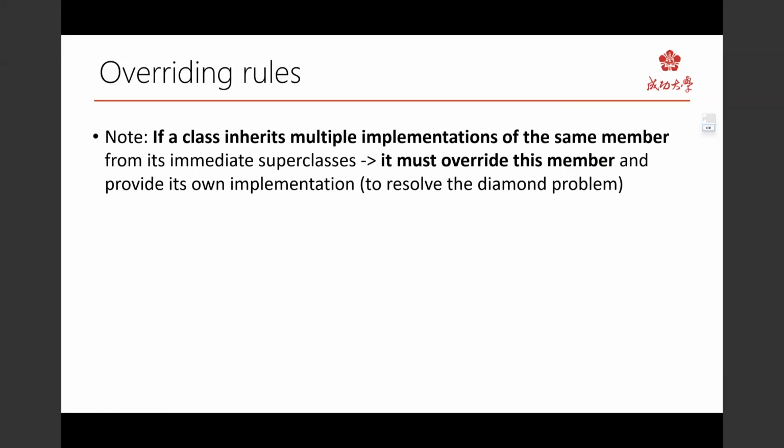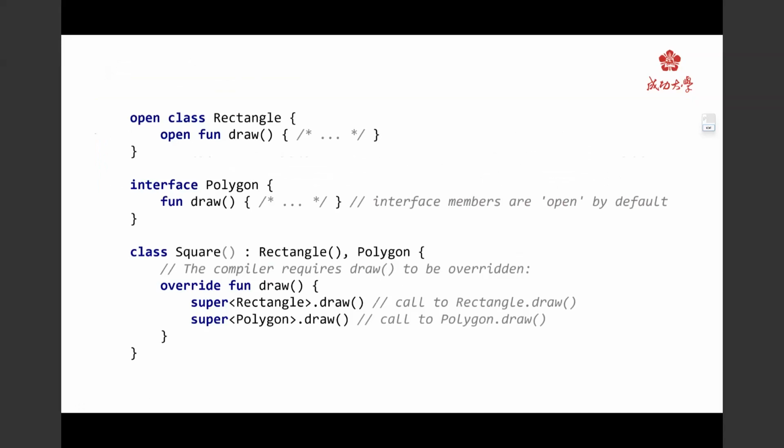A class can only inherit from a single parent class. You might be wondering what this statement means. Although in Kotlin a class can only have one parent class, it can implement multiple interfaces. We'll talk about interfaces later.